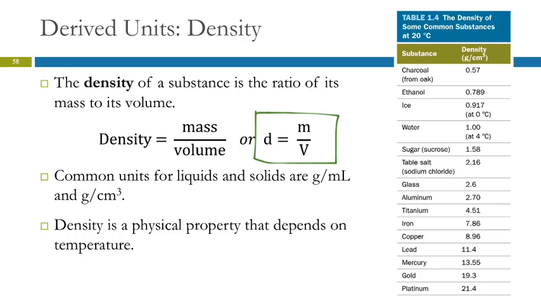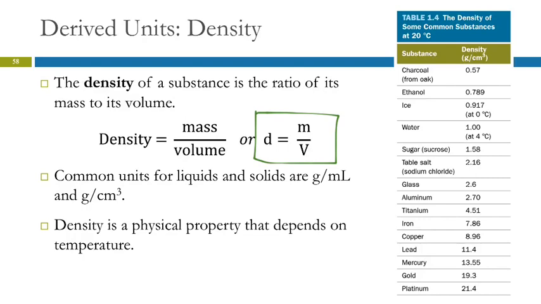So density is a physical property. You can measure the density of something without changing what it is. It does depend on temperature. So if the density changes with temperature, that means that either the mass or the volume is changing with temperature. Which one do you think it is? The volume.